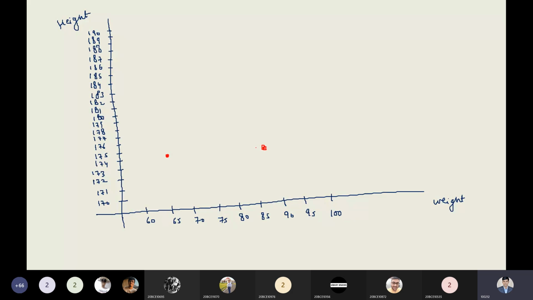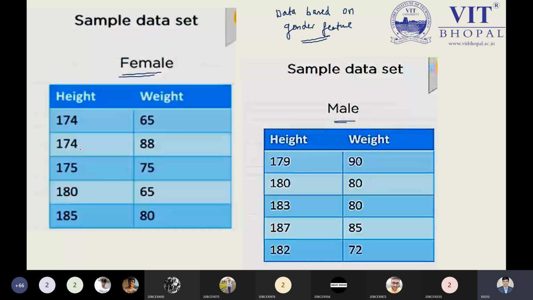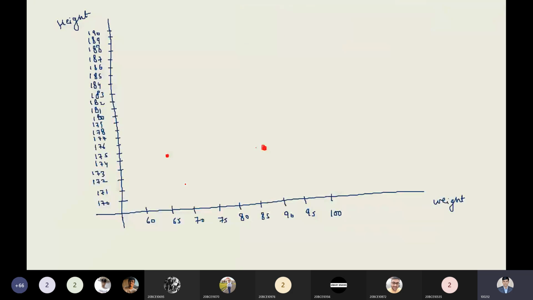Let me write it this way. Now the next one is 75, 175. It will be close to this one, so we can mark it like this.